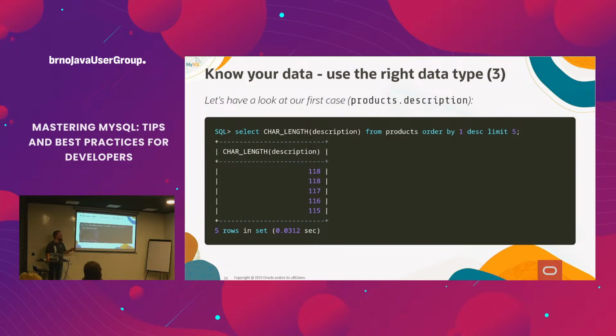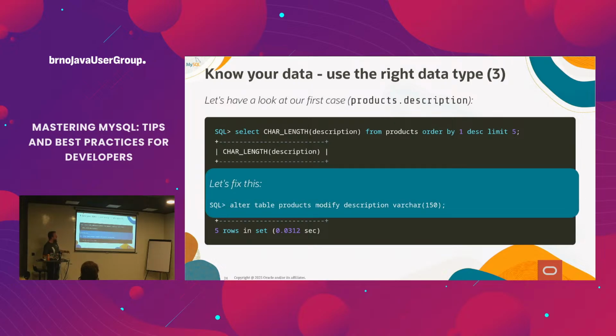So if we want later to index this type of data, it's a bad idea to keep it that long. So the best thing is to reduce it to something that will fit. Of course, that's up to you or the product owner to say, okay, we don't expect a description longer than this. And in my case, it's 150. So this is what we do. We just modify it, and now we have something that is closer to the reality.